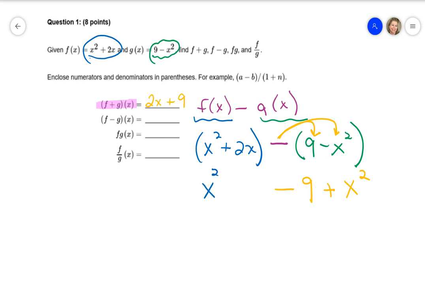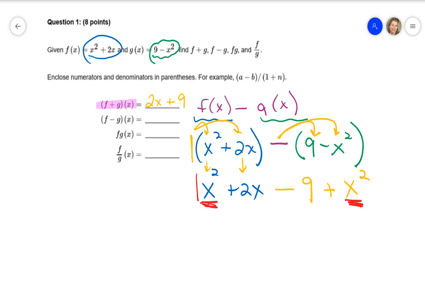And then up here, I still have the x squared plus 2x. There's really like an invisible positive 1 here, but 1 times x squared is still x squared, and 1 times 2x is still 2x, so nothing really happens there. And now I'm going to combine. I can take this x squared and this x squared.